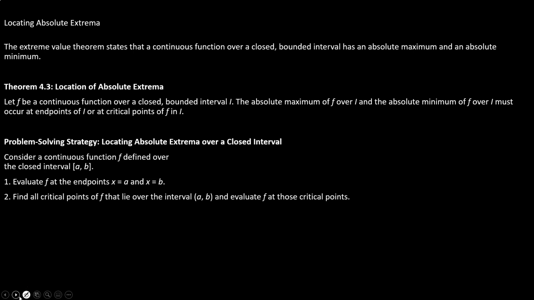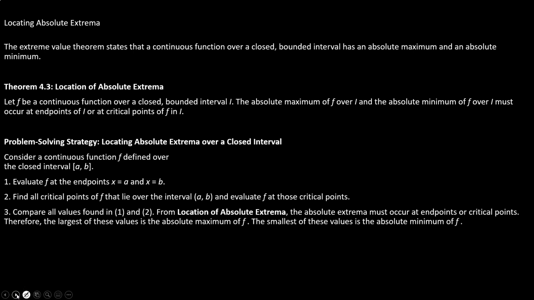Then, once you find those critical points, we're not going to bother graphing the function to determine if they are max or min. Instead, we're just going to evaluate our function at those points, because our third step is to compare all of the values found in step 1 and in step 2.